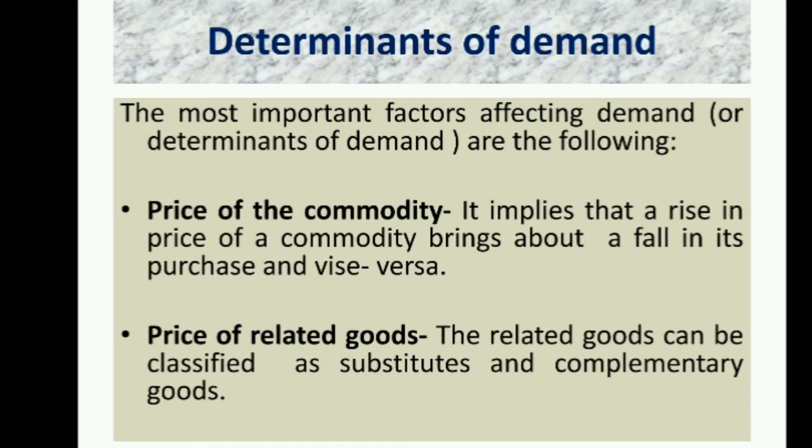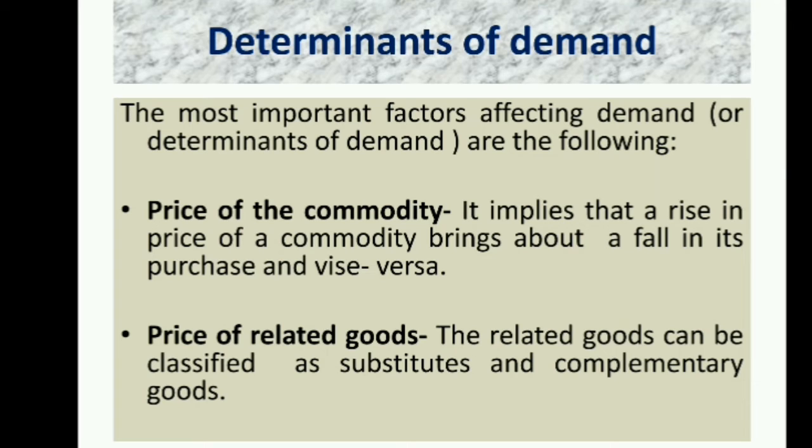Related goods can be classified as substitutes and complementary goods. If someone says to you price of related goods, that means he is indicating substitute goods and complementary goods. Maybe substitute goods, maybe complementary goods, but related goods indicates both.